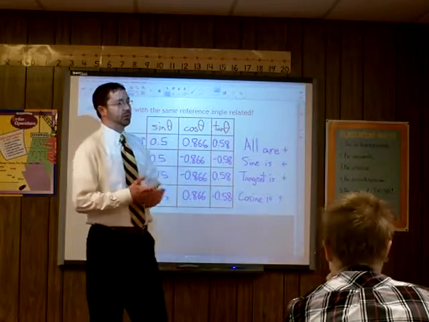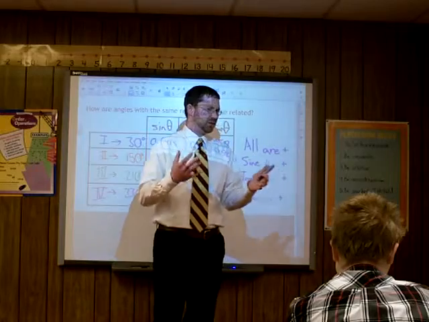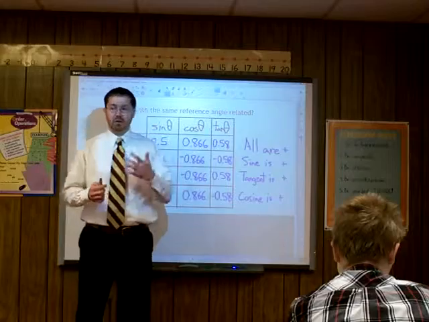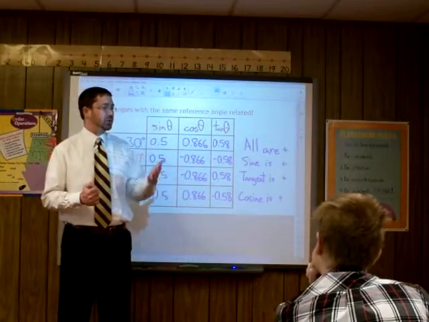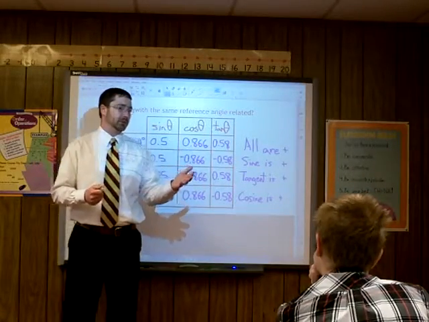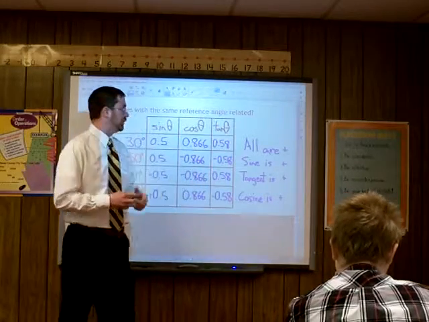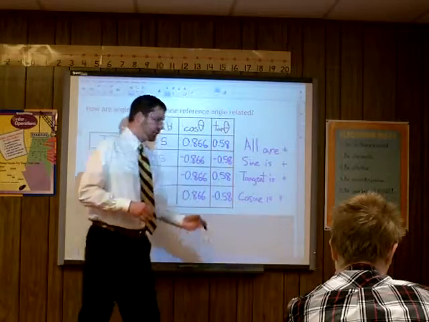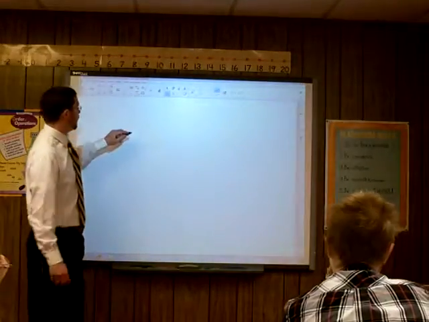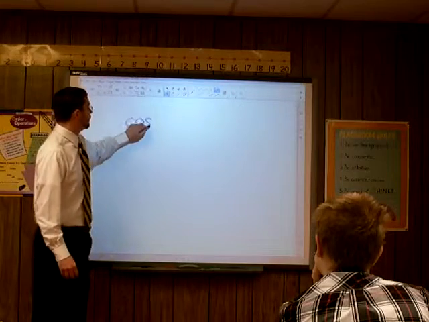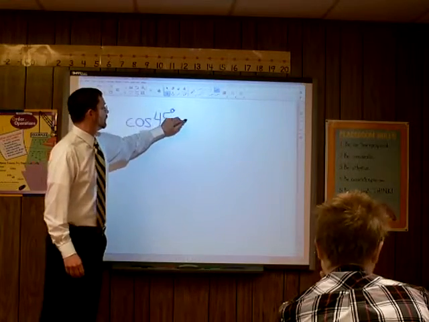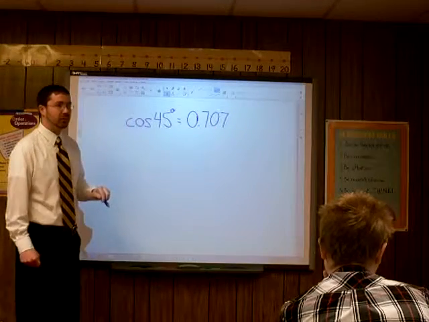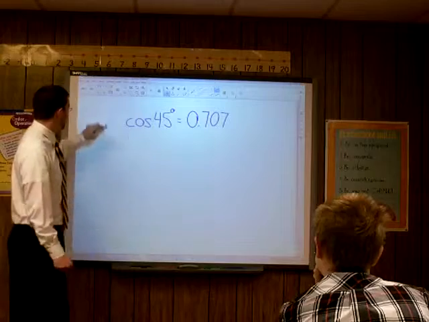Let's use, for example, a 45-degree angle. You guys had this one on your homework yesterday. Let's use cosine. The cosine of a 45-degree angle is 0.707. So that's in the first quadrant, right?